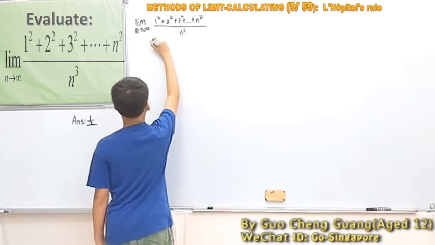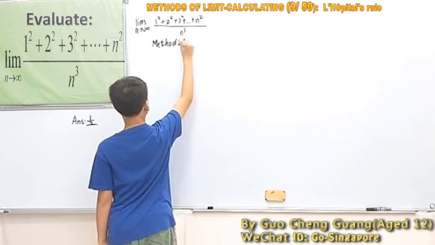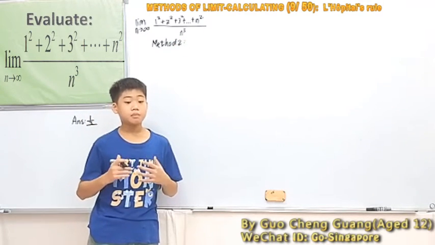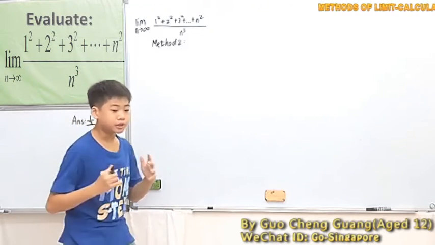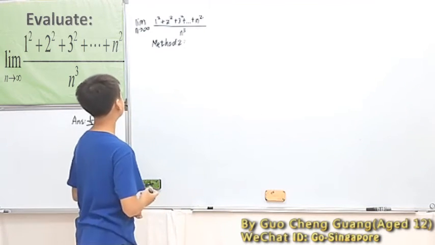Okay, next, method 2. Well, method 2 is what we have learned for the past few lessons. And from these past few lessons, we have been learning about, we change the limit calculation into the definite integral.